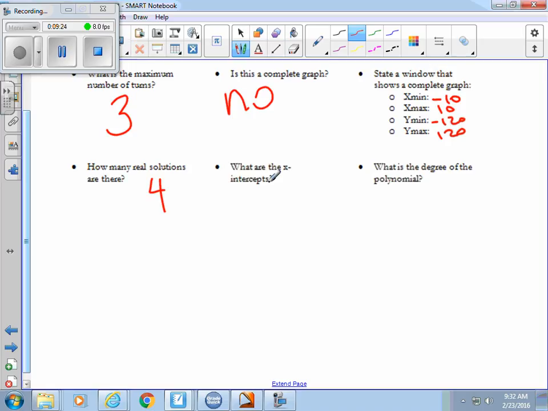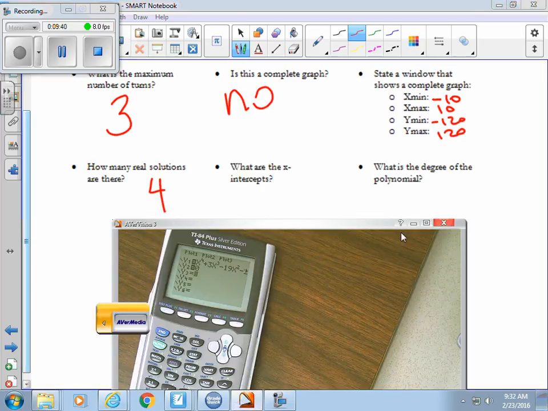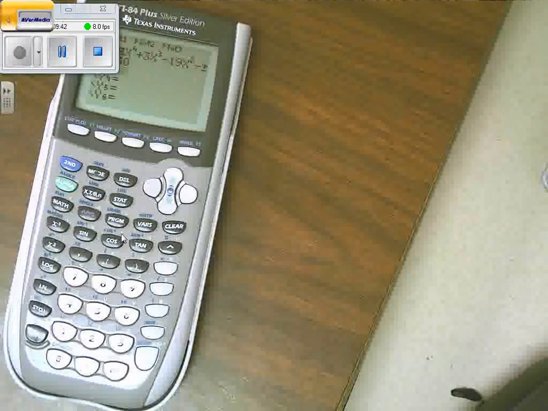Put 0 in y2 and find the intersections. Will you be able to find intersections if you don't put 0 in y2? It'll just keep clicking and saying second curve question mark. You know what I'm talking about? So put 0 in y2. And I need to find all 4.